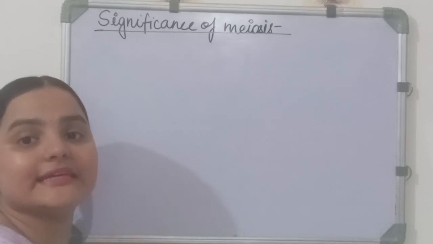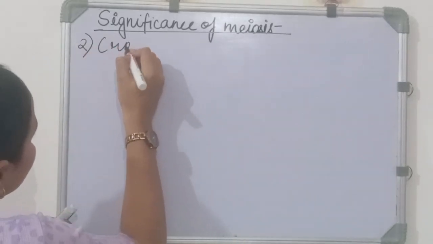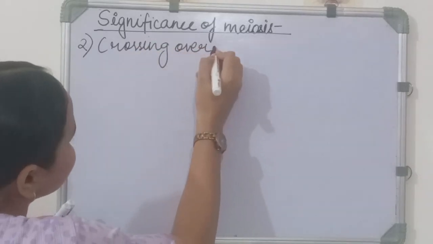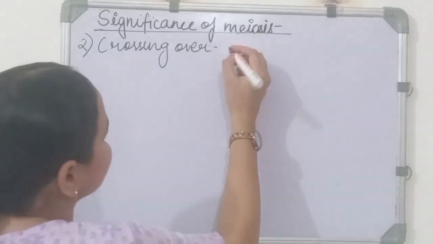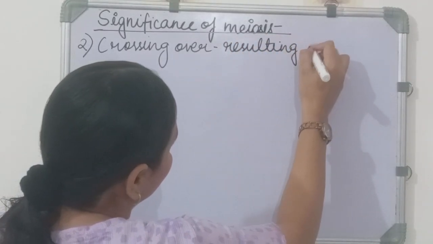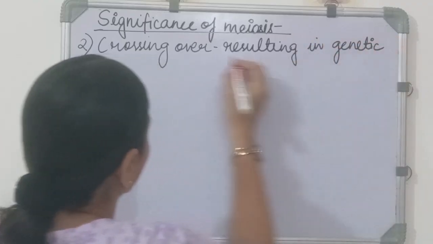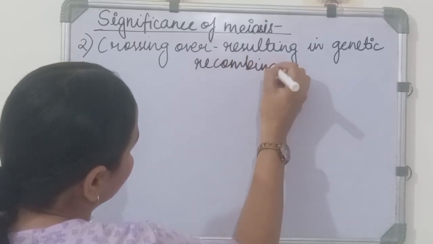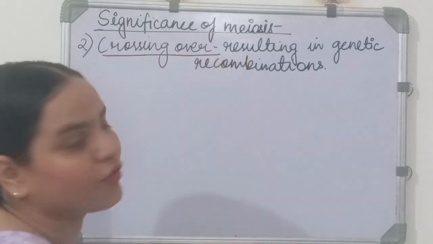Now let's see the second significance of meiosis. Second significance is crossing over. This crossing over results in genetic recombination. Let's first understand what is actually crossing over.